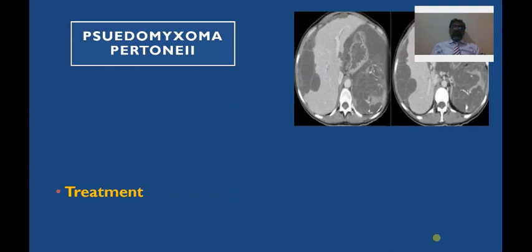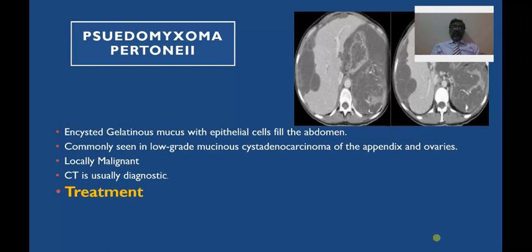What is pseudomyxoma peritonei? These are encysted gelatinous mucus with epithelial cells which fill the abdomen, commonly seen in low-grade mucinous cystadenocarcinoma of the appendix and ovary. It is locally malignant and CT is usually diagnostic. Here are the CT pictures of pseudomyxoma peritonei.